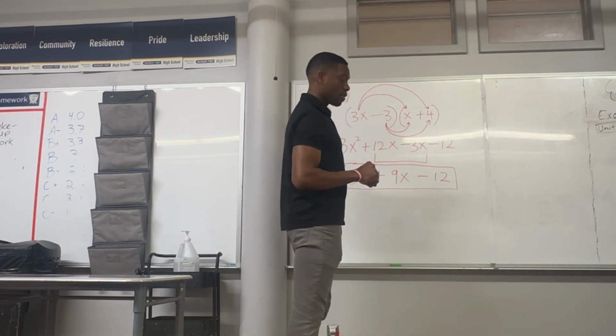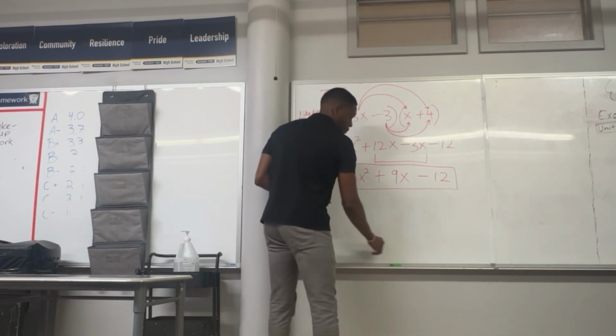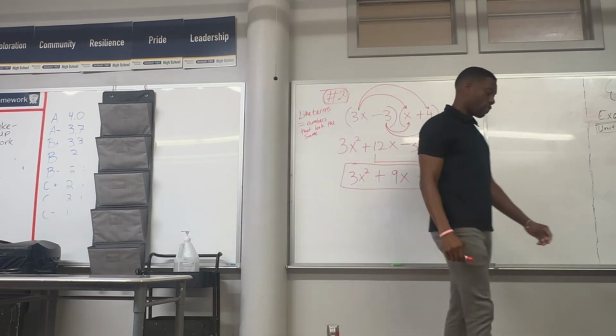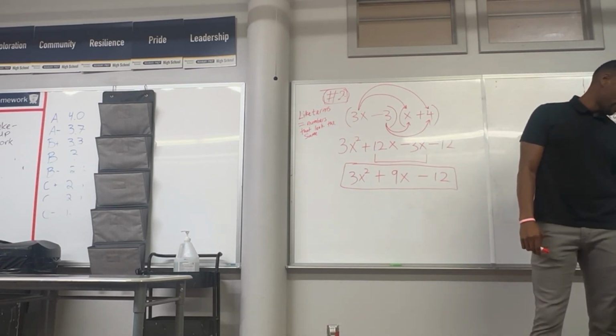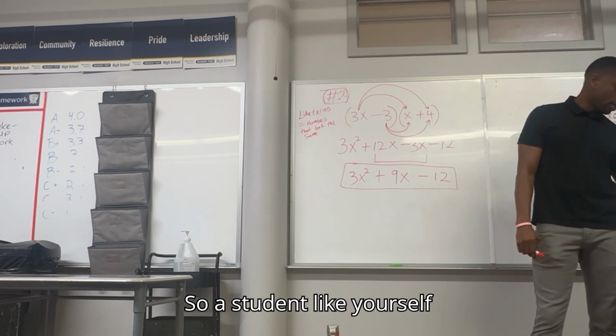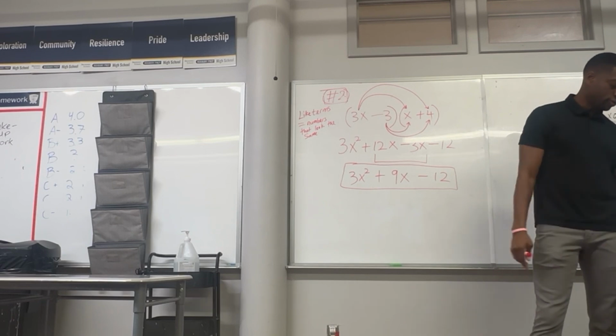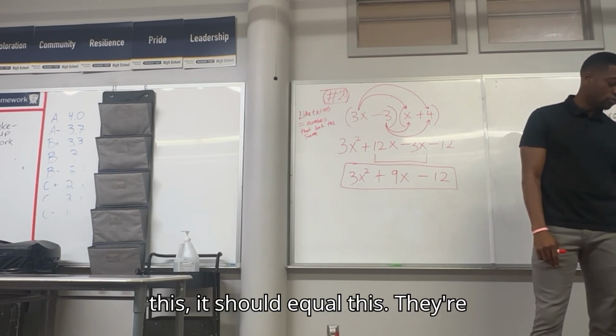All right. What else do you have? So Jerry states that this is equal to this. Do you agree or disagree? So a student like yourself says, if you solve this, it should equal this.